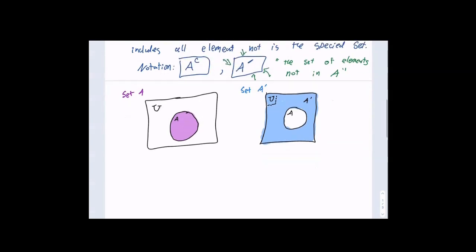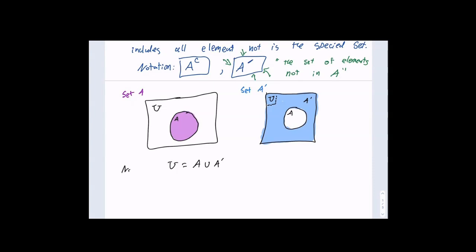I also want to note that U is therefore equal to A union A prime. So if we combine the two sets, what is in A and what is not in A, you get everything that you're interested in. If I were to combine these two sets, the purple and the blue, you would have the universal set.